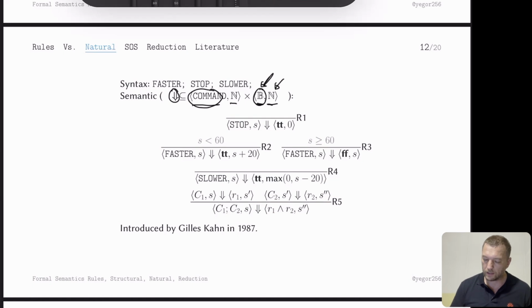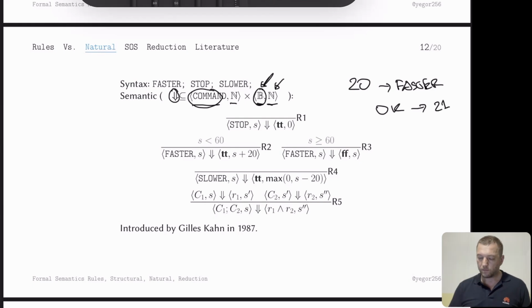So in the beginning, let's say I go with the speed 20 kilometers per hour, and I tell the machine go faster. The machine says okay, and the speed is, I don't know, 20, 21, for example. So this is where we start.